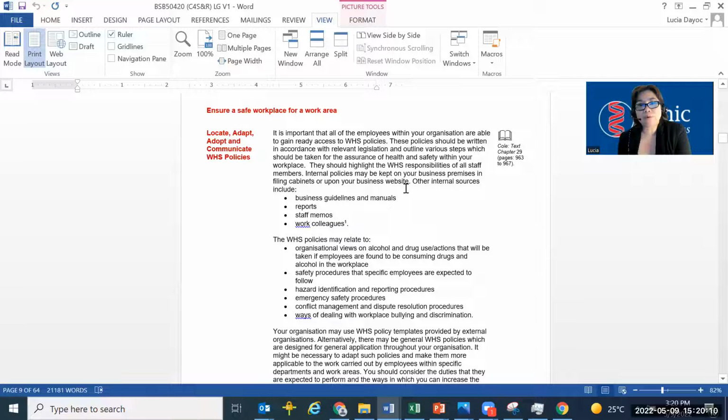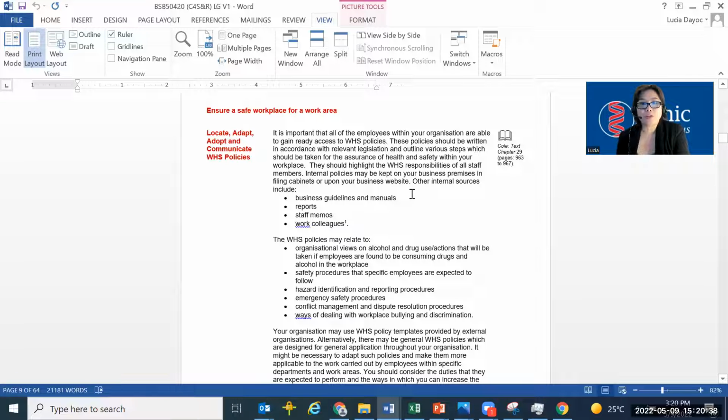These policies should be written in accordance with relevant legislation and outline various steps which should be taken for the assurance of health and safety within your workplace. They should highlight the work health and safety responsibilities of all staff members, and internal policies may be kept on your business premises in filing cabinets or on your business website.